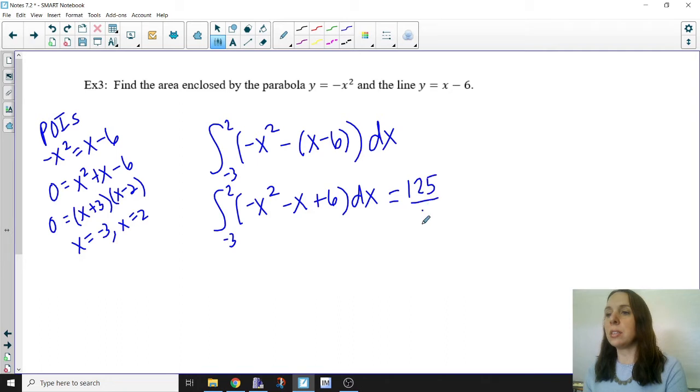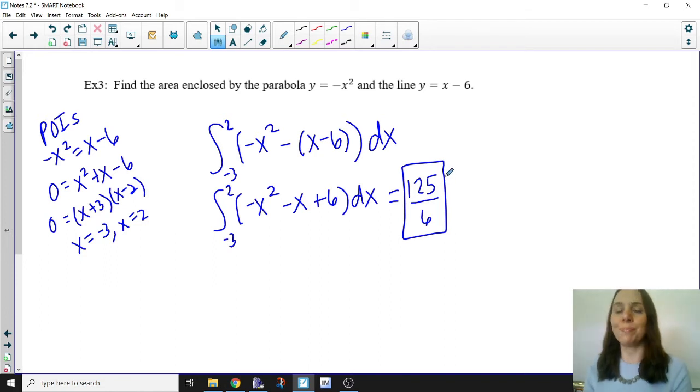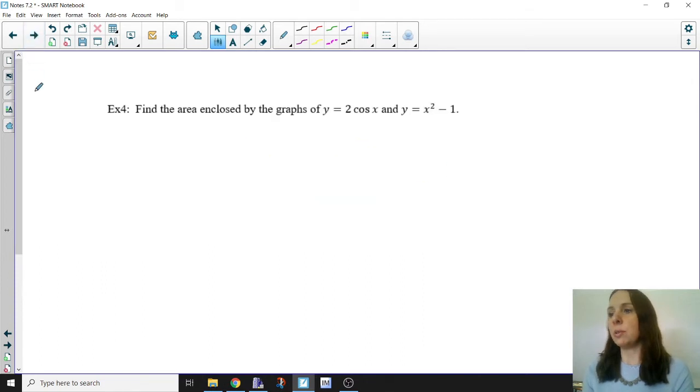Square units, I typically leave the units off. I don't just write square units when there's none apparent. So again, I didn't give you as much information here, but still pretty simple stuff, right? You just needed to graph it yourself and find the points of intersection for the limits of integration.